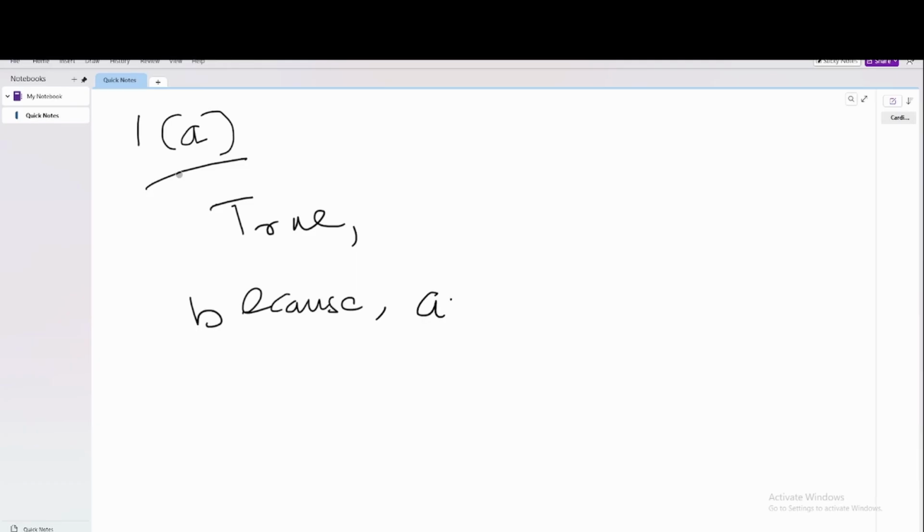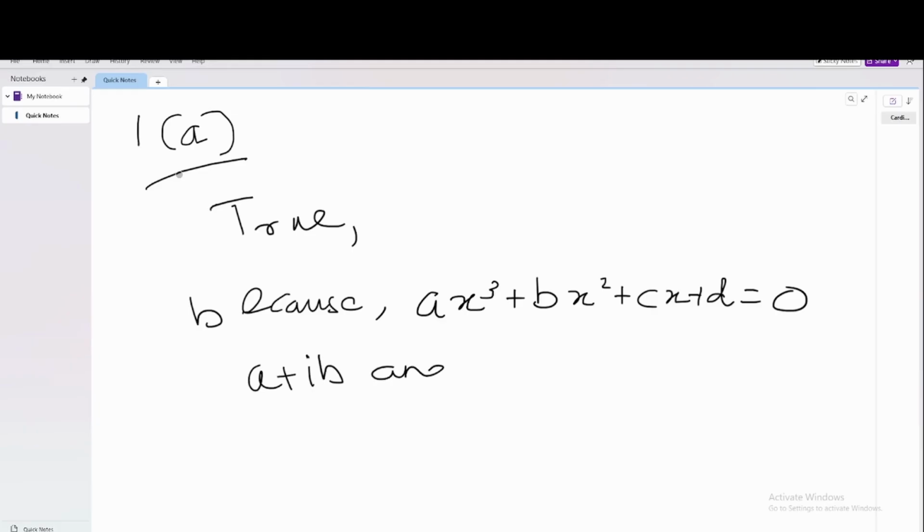Consider a cubic equation ax cube plus bx square plus cx plus d is equal to 0. In this equation, if a complex root occurs, it will be in a conjugate pair, that is a plus ib and a minus ib form.